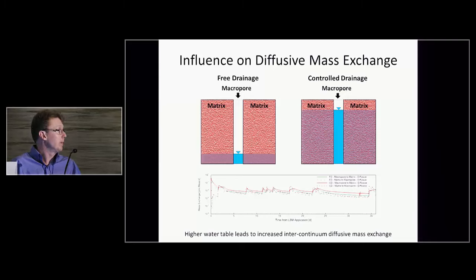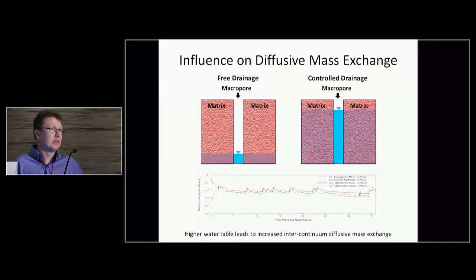So by lowering the water table in the vicinity of the tile in the free drainage scenario, we reduce the amount of intercontinuum mass exchange, whereas by holding the water table high, we have a hydrostatic condition between the soil matrix and the macropores, so then mass can more readily diffuse between the two continuums, so then we can effectively leach mass out of the soil matrix into the stagnant macropore domain, and the macropore domain under the precipitation events is really what's contributing to the tile drain flow.